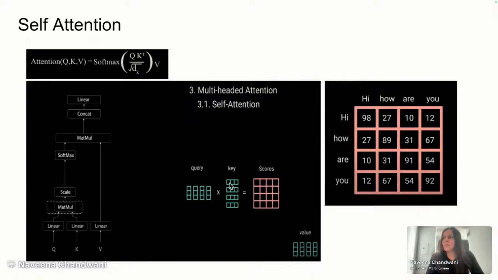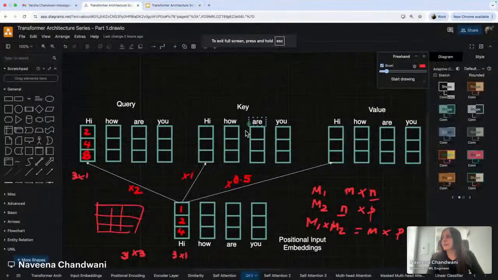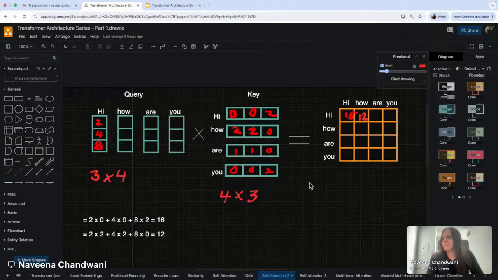So now we have the key transposed here, and we have these query vectors. They will be multiplied to generate scores. And again, going back, this is how the multiplication looks. So query for hi multiplied by key vector for hi, and this is the matrix multiplication.